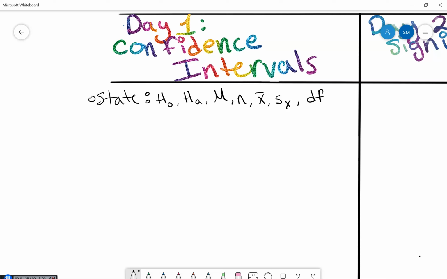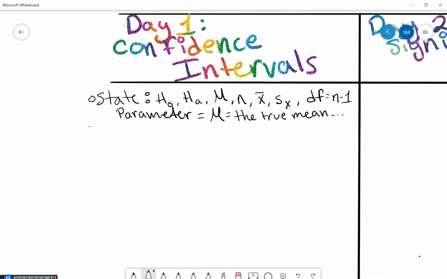Remember, the degree of freedom is equal to n minus 1. And then, of course, you have to state what is the parameter. So you're going to be writing mu is equal to the true mean, and so on.